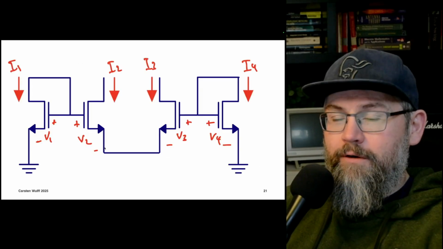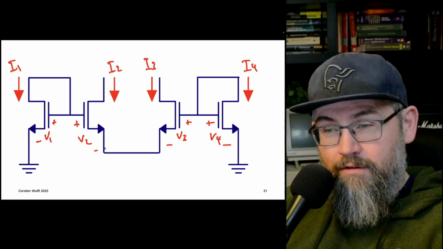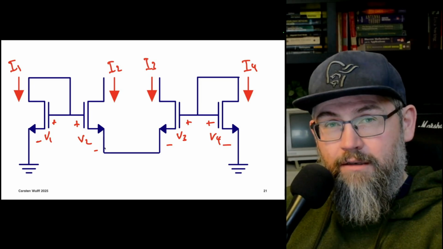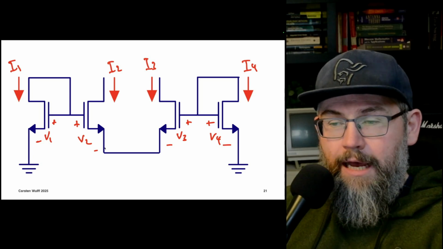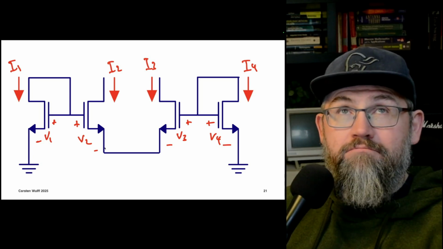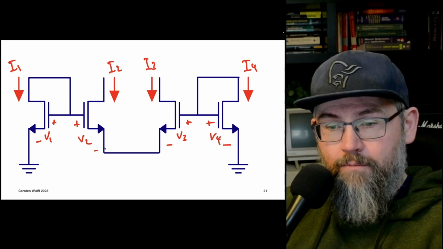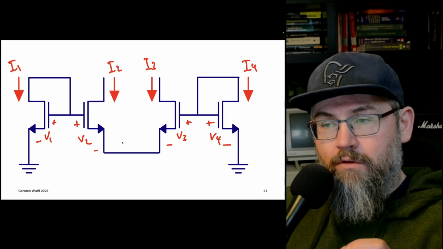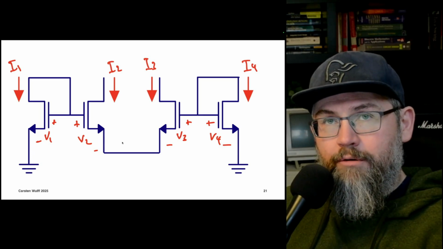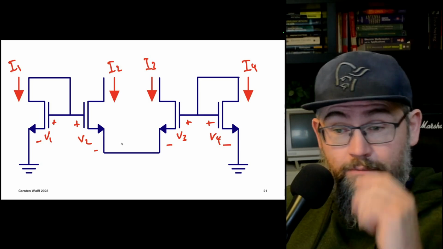Now we look at the circuit. As long as you operate the circuit that you're seeing now in weak inversion, you can use what's called the translinear principle. And it's really a variant of Kirchhoff's voltage law. Remember when we said that the sum of all voltages in a loop must be zero.